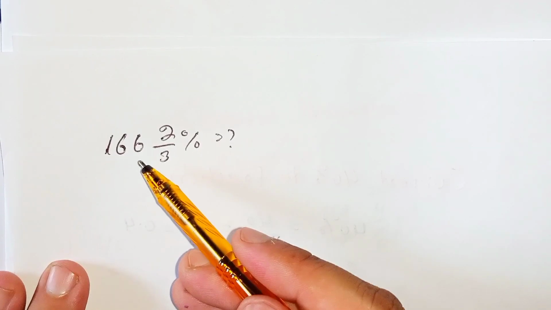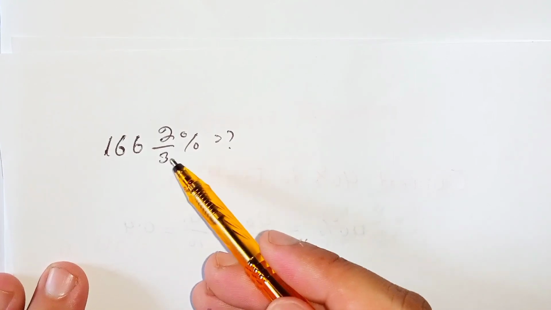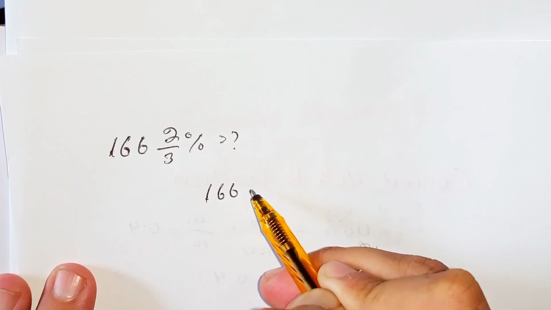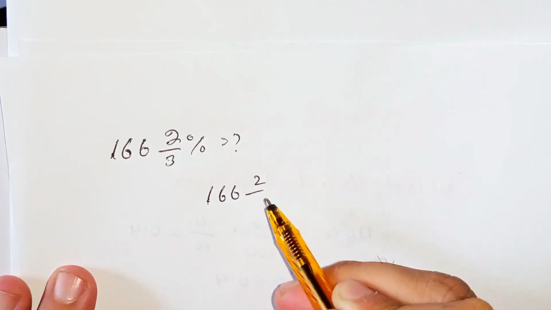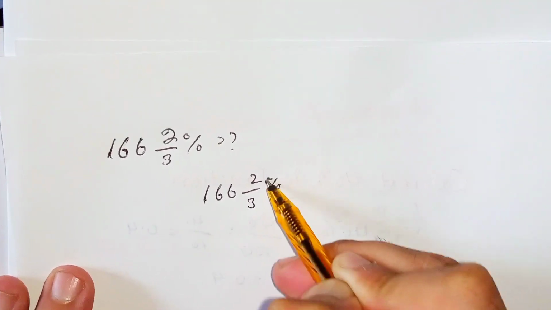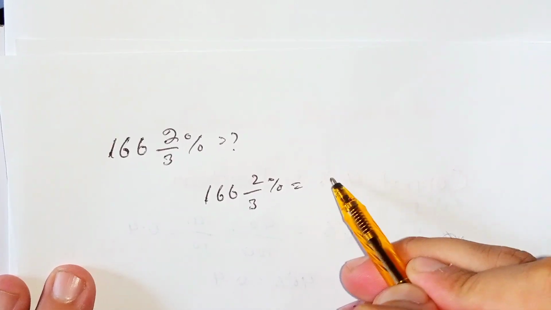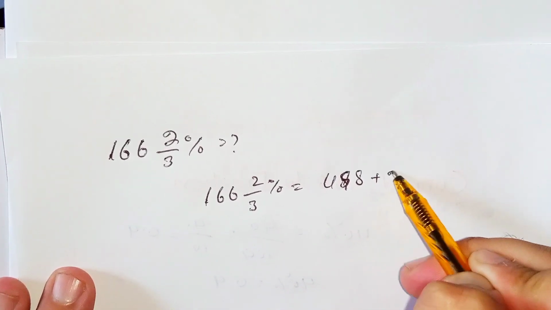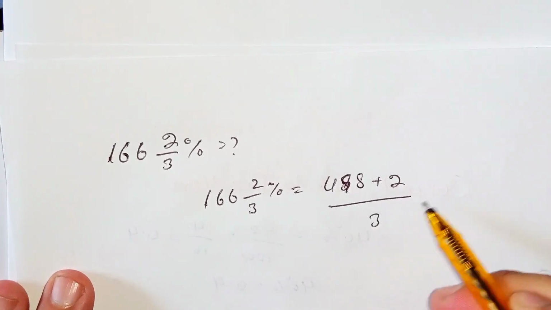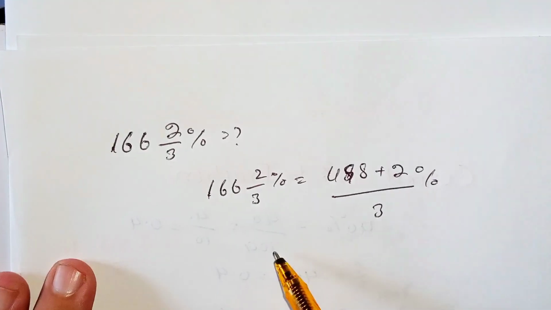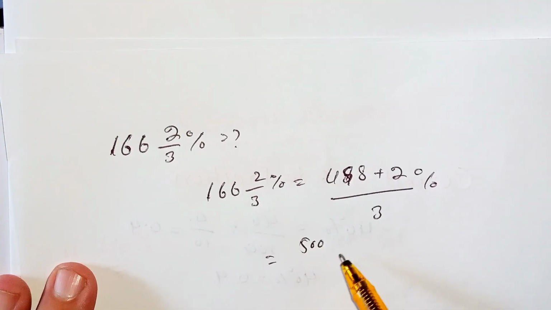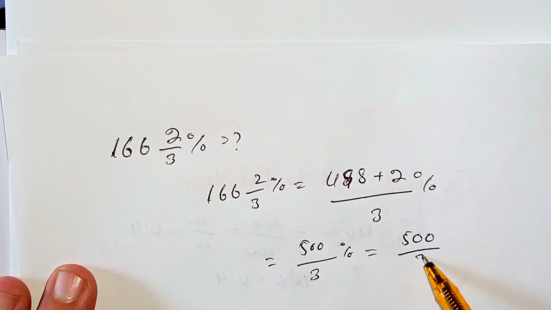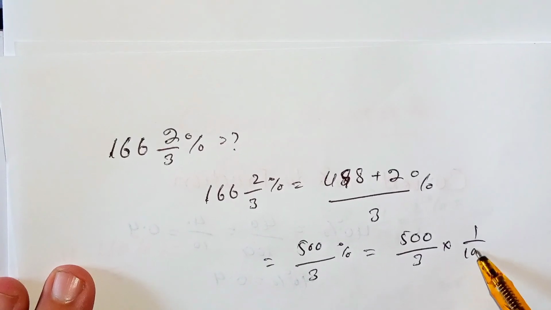What is 166 whole and 2 over 3% as a fraction? So 166 and 2 over 3% is equal to 498 plus 2 over 3%, which is equal to 500 over 3%. 500 over 3 times 1 over 100.